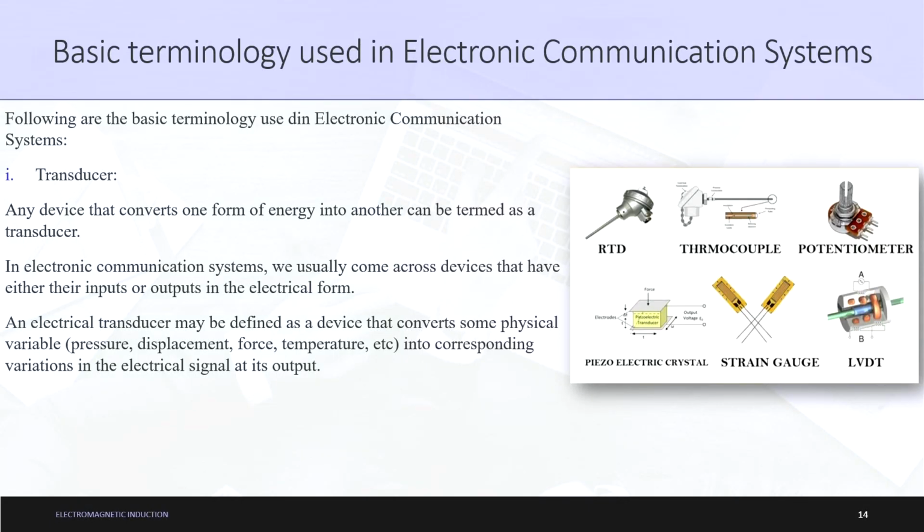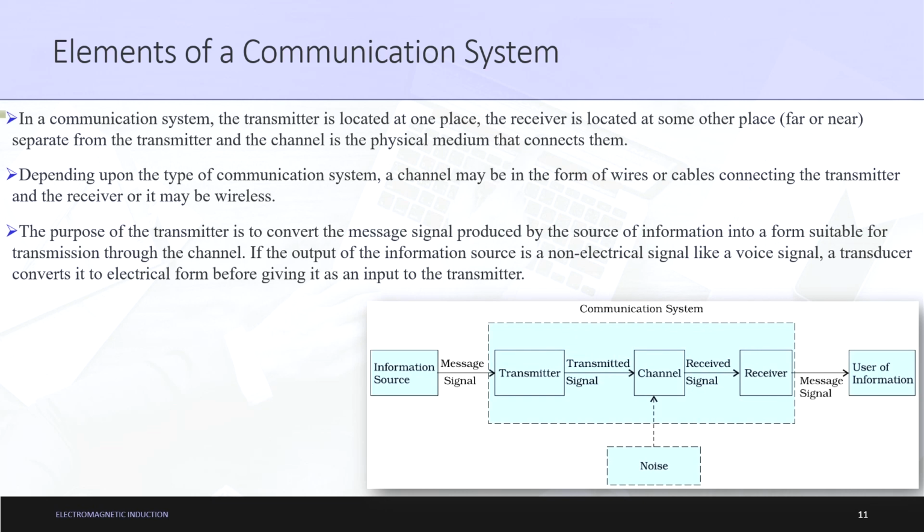The first is a transducer. Please go back some 2-3 slides. I told you the use of a transducer in a single line, let me iterate it again. It was being used in a transmitter. So, what is a transducer? A transducer converts it. What was it here? It was a non-electric signal.